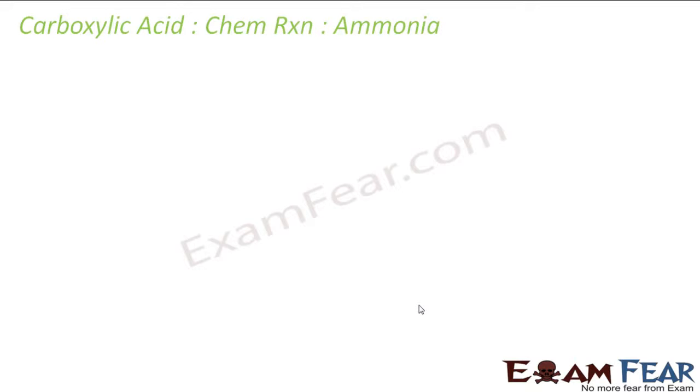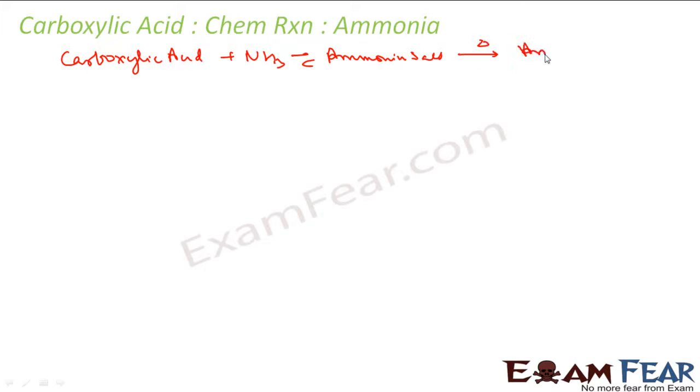Now we'll discuss the reaction of carboxylic acid with ammonia. If I have my carboxylic acid, it reacts with ammonia, it will be in equilibrium, and it will give you an ammonium salt. Then when you heat it, it gives you amide. For example, I have CH3COOH, my carboxylic acid.